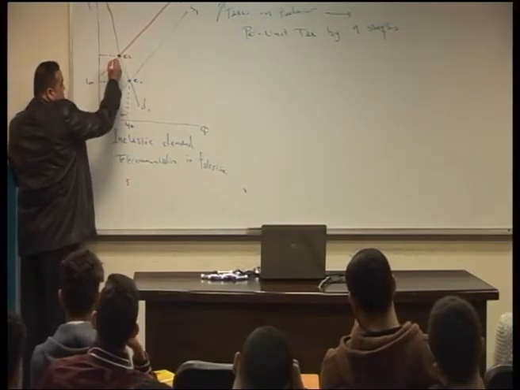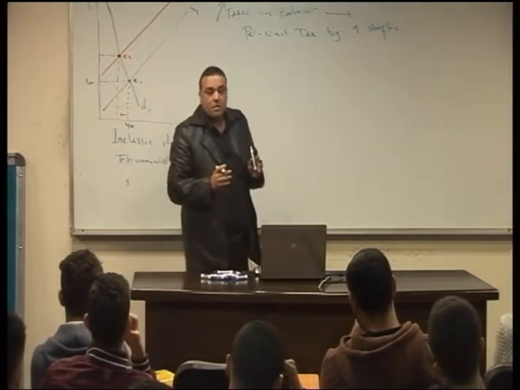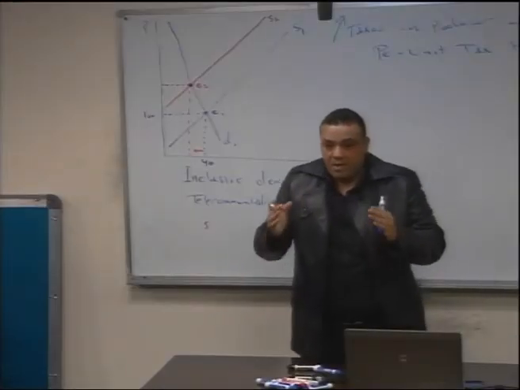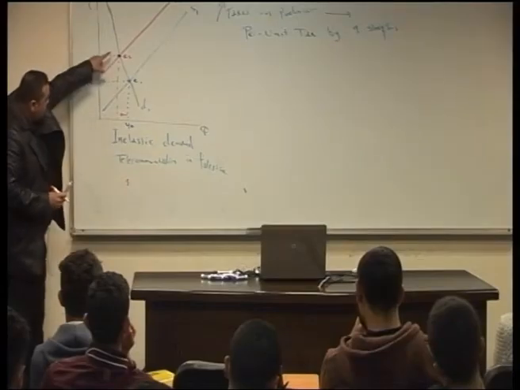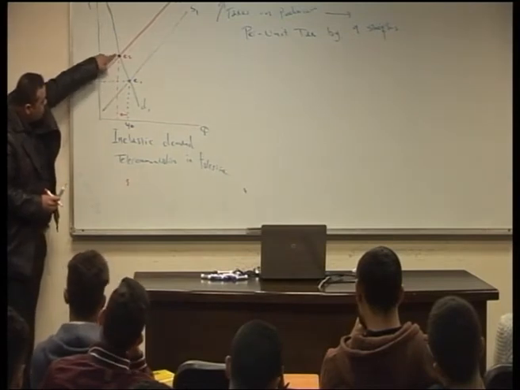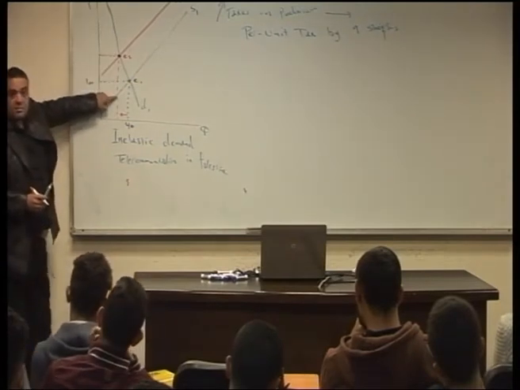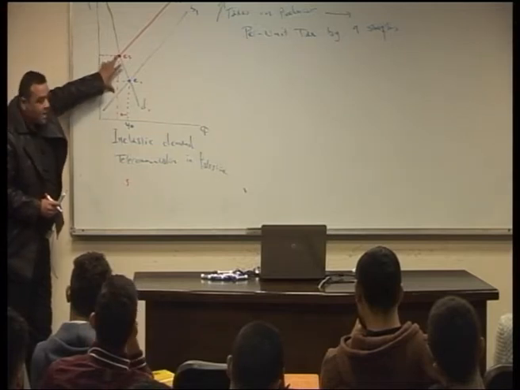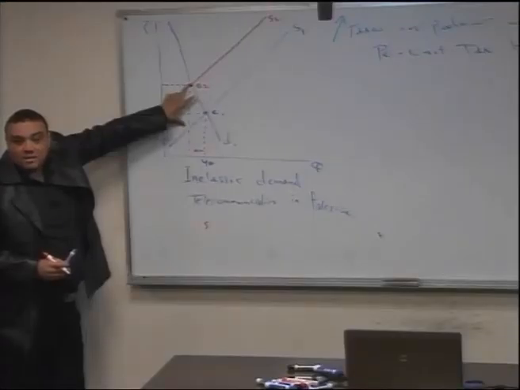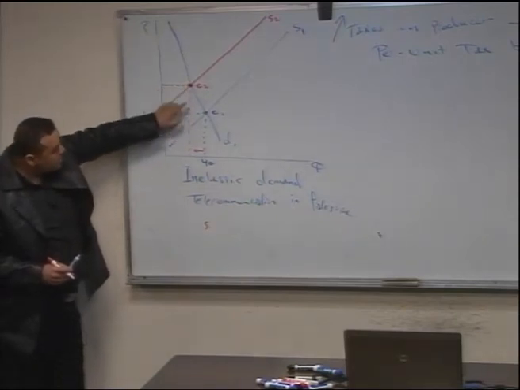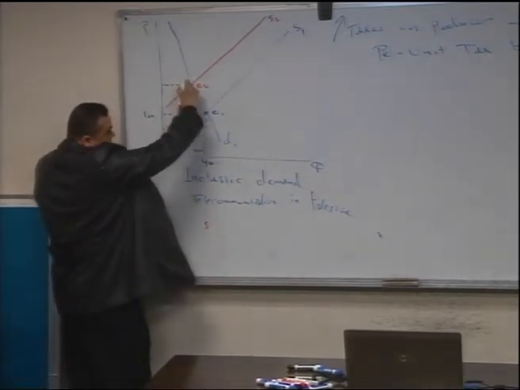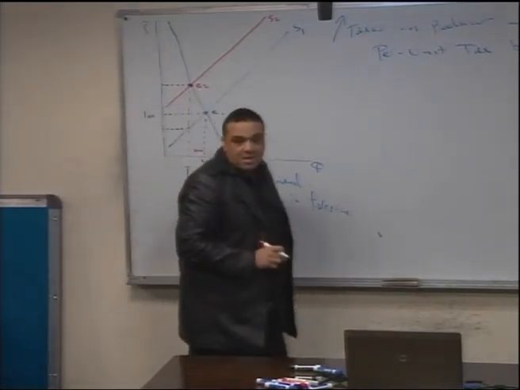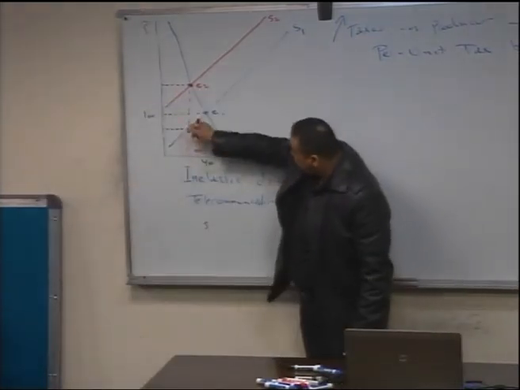From E2, to determine the value of tax and the government revenue of tax, we have to take a vertical line from E2 to S1. This is the per unit tax, which is 9 shekels. Always take it from E2 to S1.